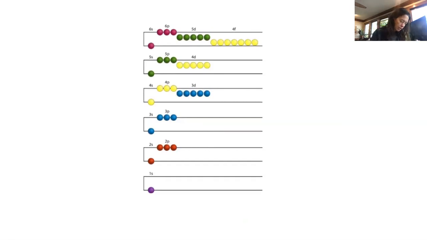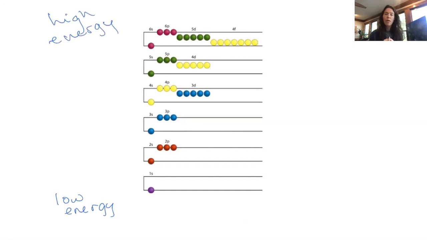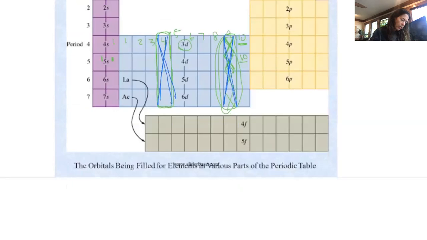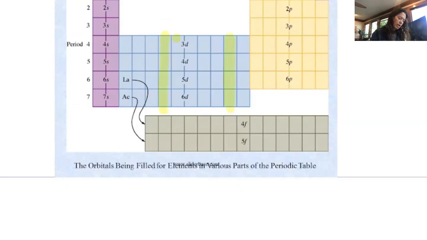This is the low energy and this is the high energy, right? They always fill the lower energy orbitals first, and then they fill the higher energy orbitals. There are a couple of exceptions to that rule, and those exceptions lie with the elements that reside in this group here and this group here.